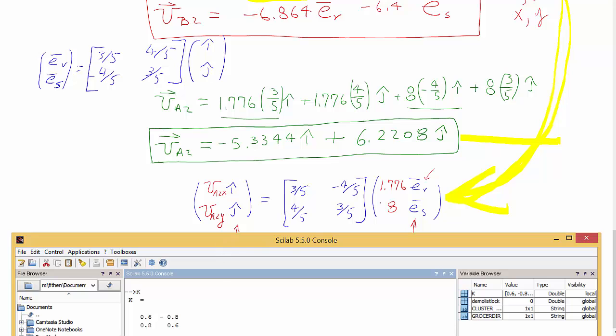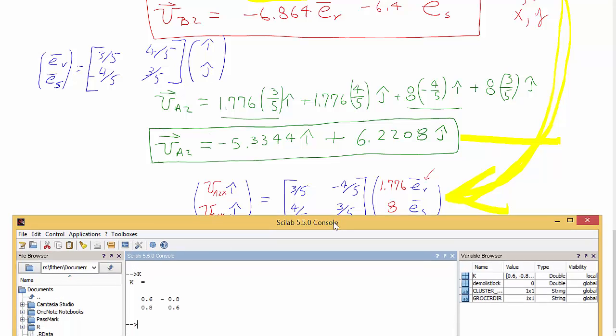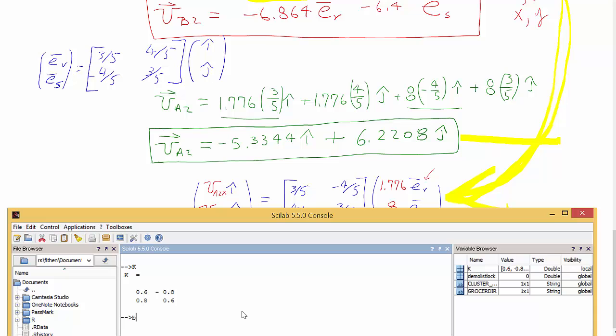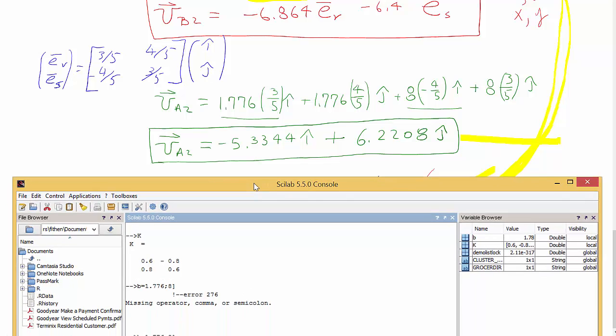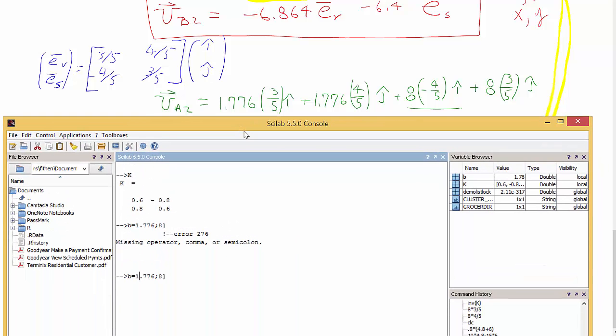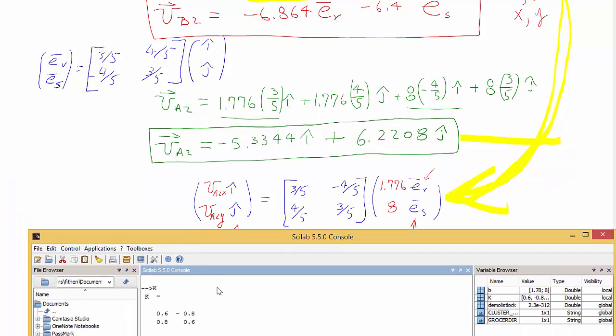Now I'm going to create a vector B equal to 1.776 and 8. Oh, I did it again. Now there's my vector on the right hand side. Let me do a clear so I can just look at the B. So there's my B.